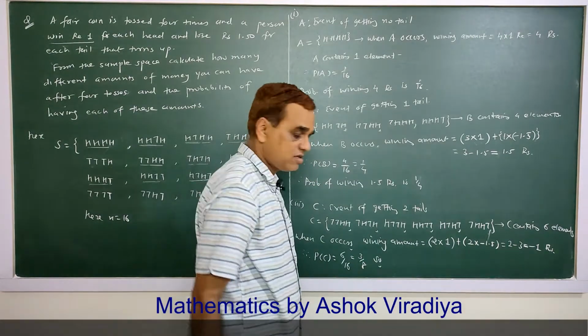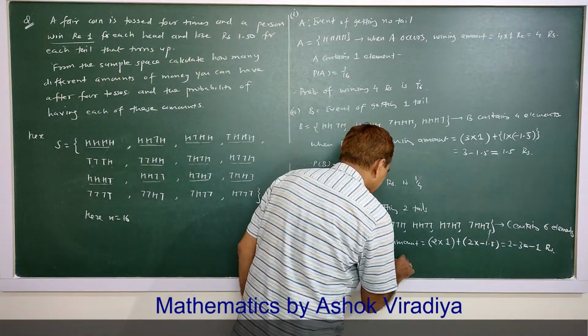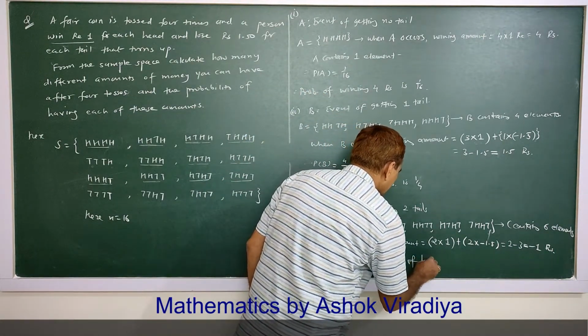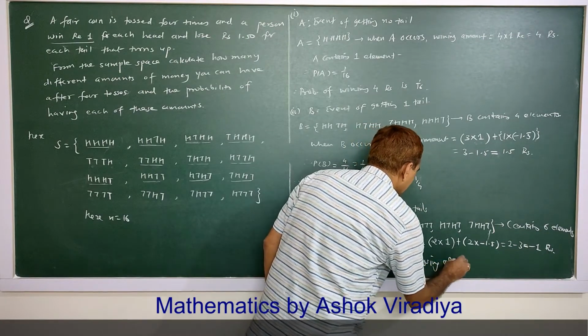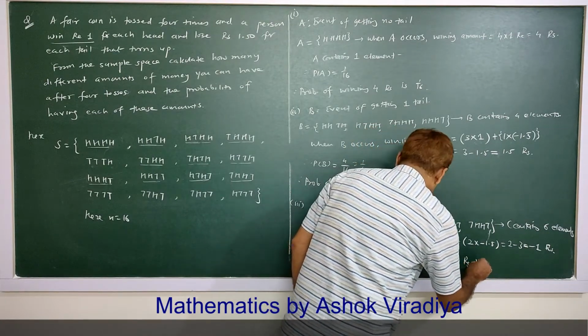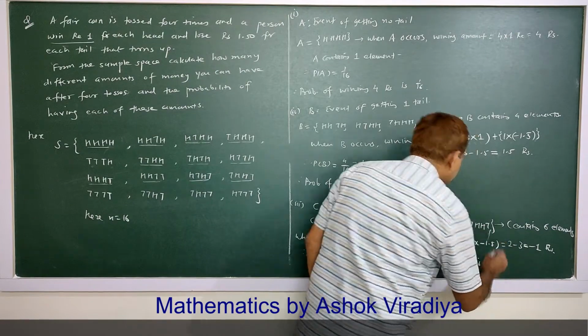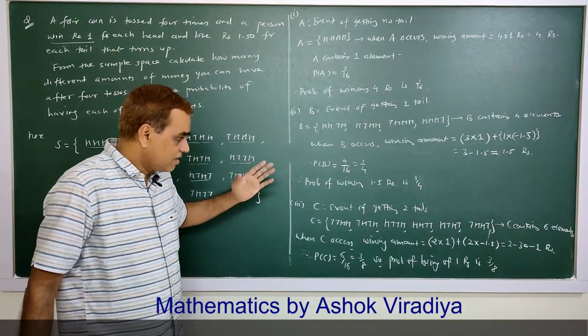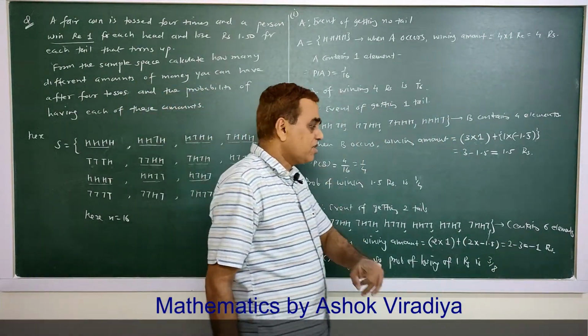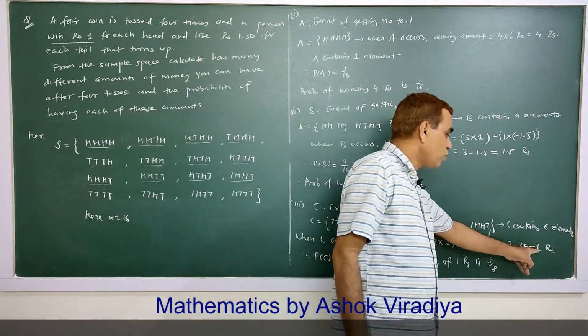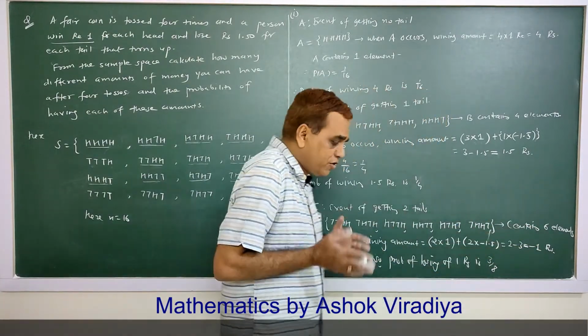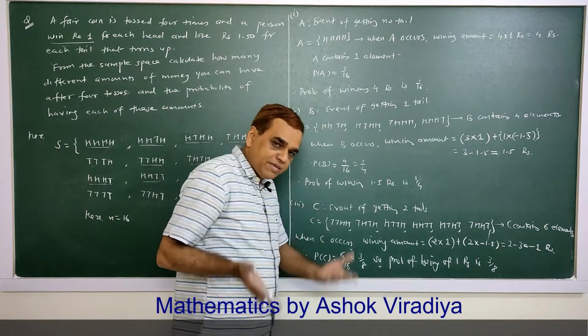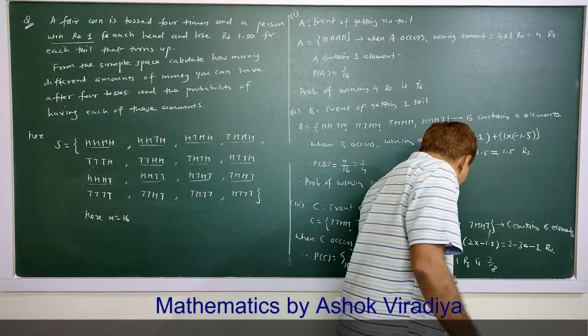Therefore, the probability of loss of 1 rupee is 3 by 8. So when event C occurs, the person loses 1 rupee. So the probability of event C is the same as the probability of loss of 1 rupee.